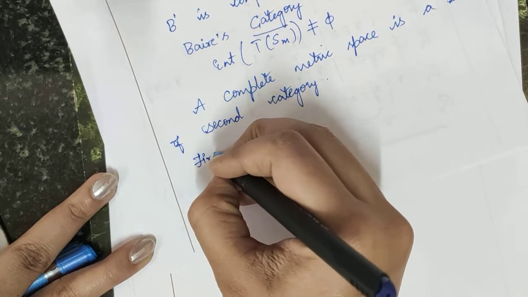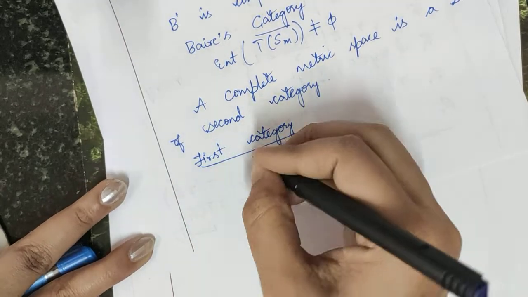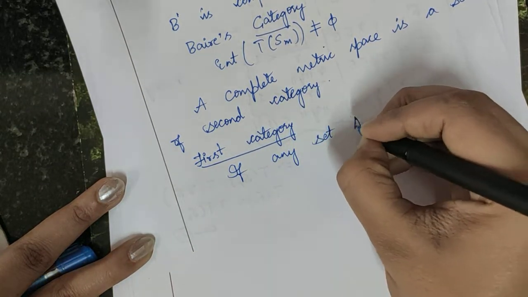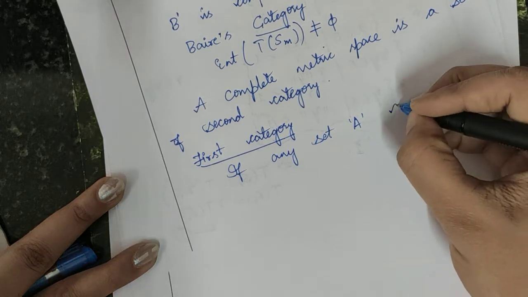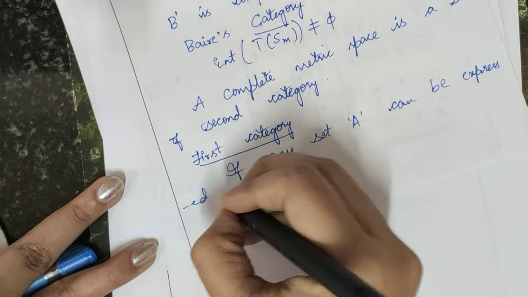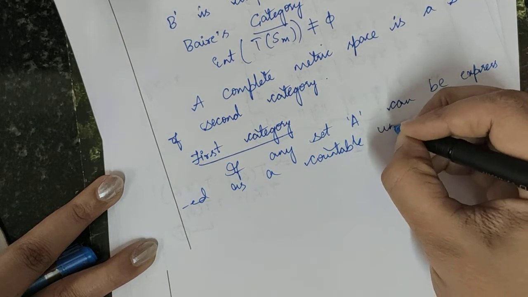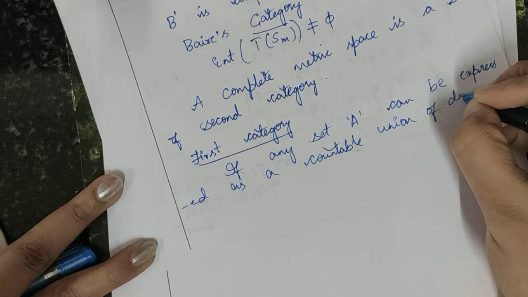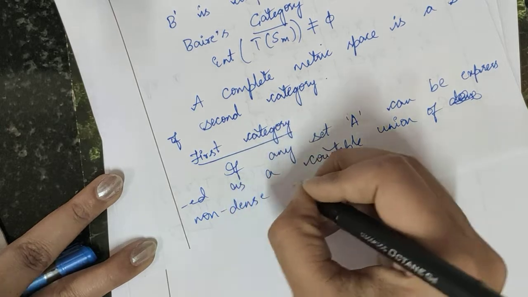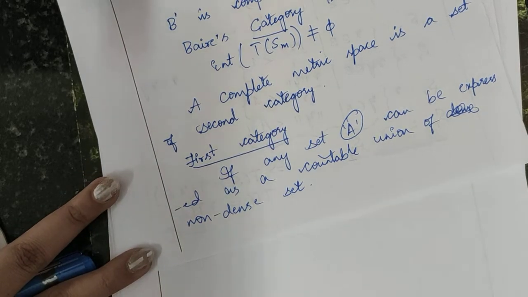So a first category can be defined as, if any set, here I will consider a set A, if any set say A can be expressed as a countable union of non-dense set, then that particular set is called as first category. Otherwise it will be second category.